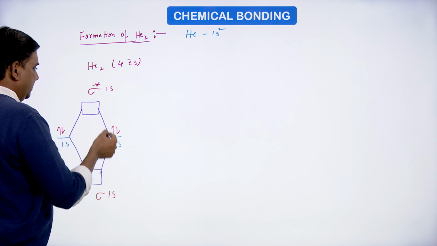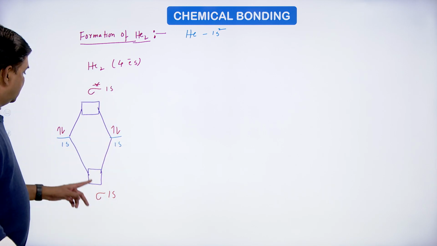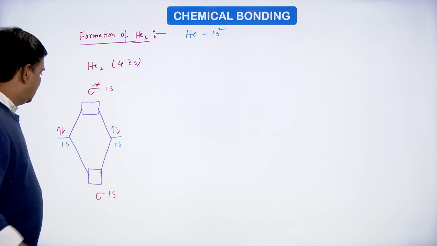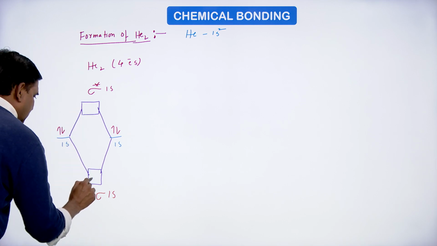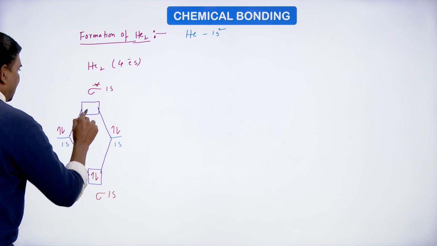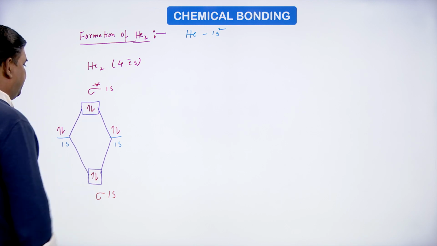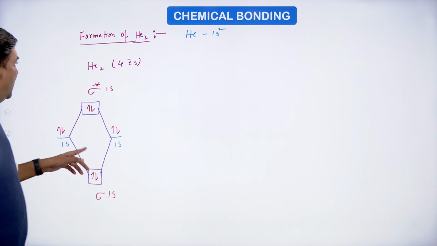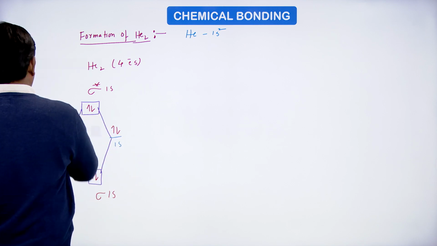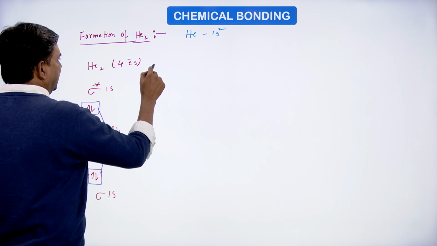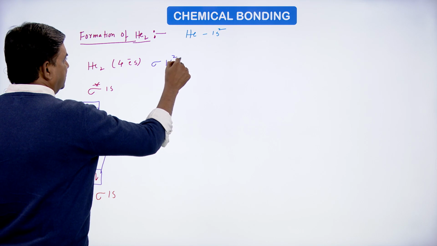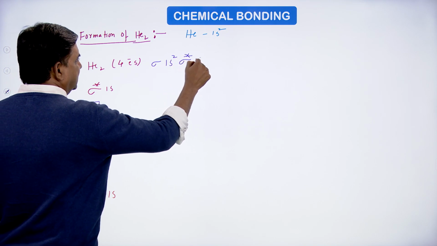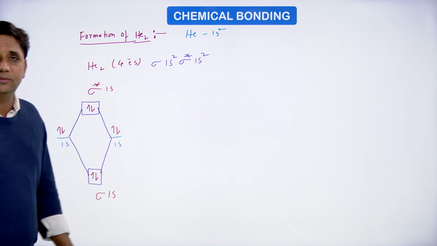Sigma 1s, sigma star 1s, and there are 4 electrons: 2 here and 2 here. The electron configuration is sigma 1s2 and sigma star 1s2.